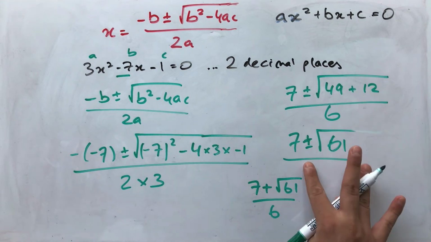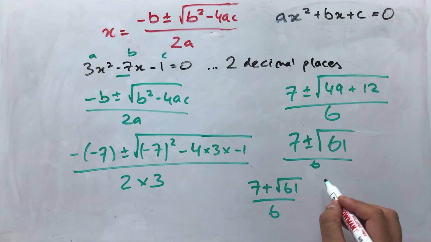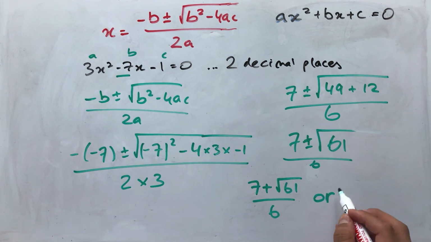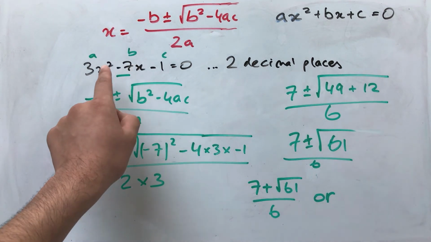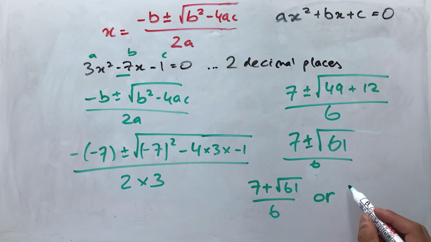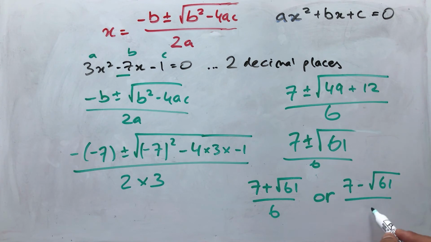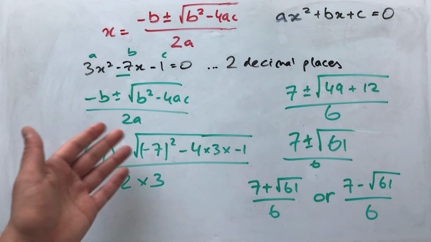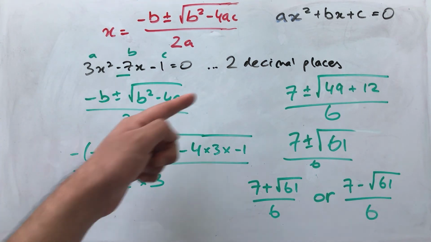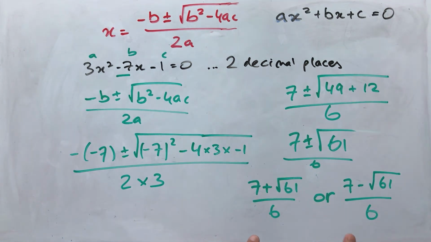And like I said last time, let's write this a bit higher. Or, remember the or, because there can always be two answers for these. Or 7 minus root 61 over 6. We kept the process simple for ourselves by writing the plus or minus throughout, and only at the end when we write our answers do we split this up.